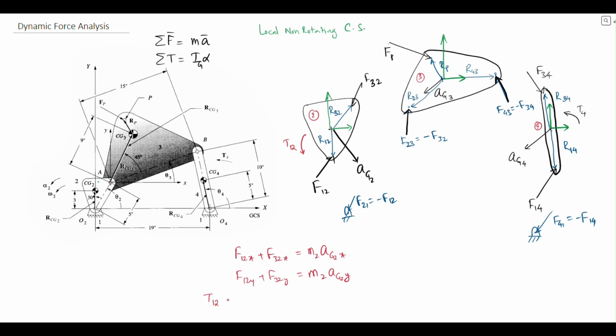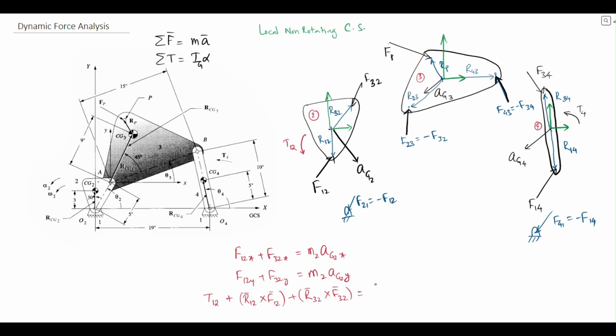So T12 plus, we have to write the moments for 2 forces. So we can write R12 crossed with F12. These are vectors which have x and y components, and we've seen in class how you take a cross product of 2 vectors. Then this will be summed up with R32 crossed with F32.